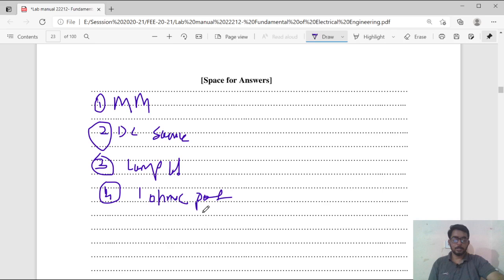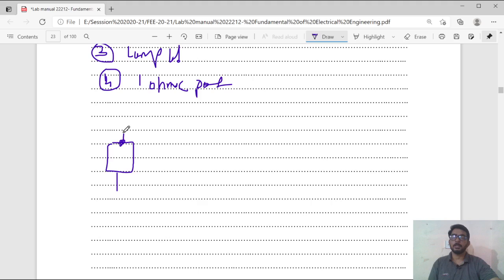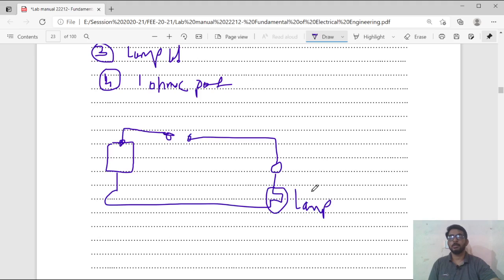Then connect this dry cell with a lamp and a switch. This is a switch, and this is a pot, and let us assume this is a lamp. Connect the circuit. This is the lamp. This is the pot.